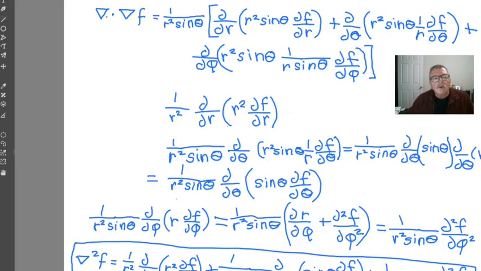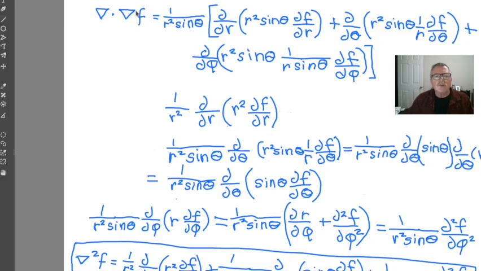What we're going to do is take the divergence now, not of a vector, but of the gradient of the function, which is a vector in itself. It has the three spherical components to it.